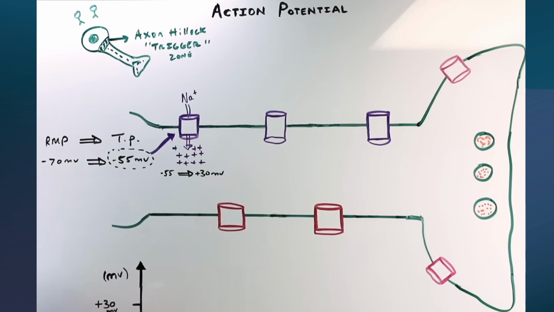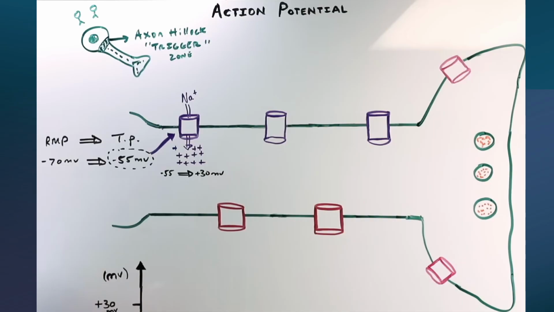Well, let's find out. What happens is right here at the beginning of the axon hillock, which is called the trigger zone, these are not ligand-gated ion channels, and they're not leaky channels. These are voltage-gated ion channels, which means these channels will not open unless our cell hits a certain voltage.